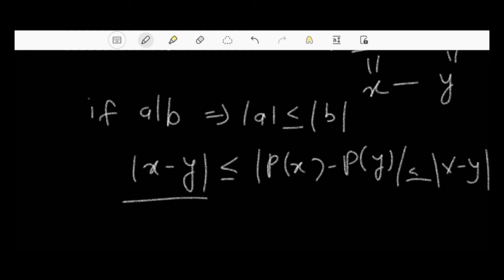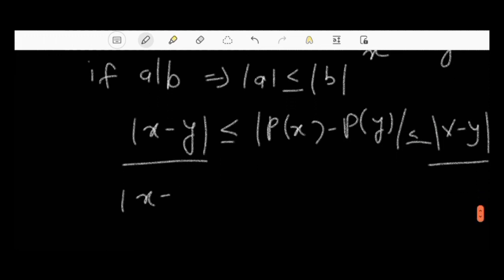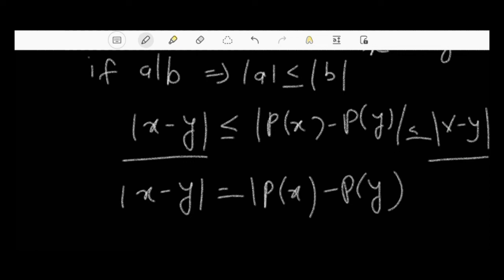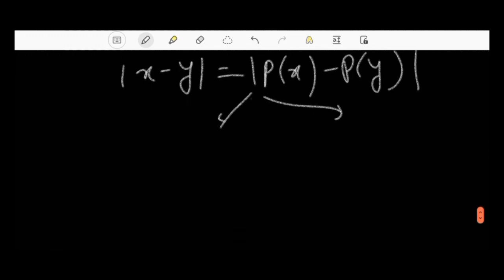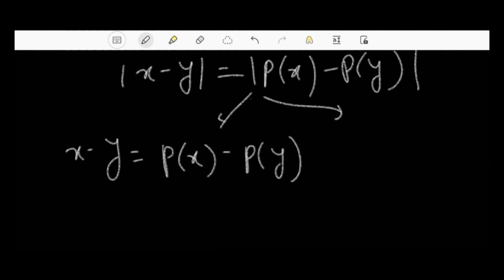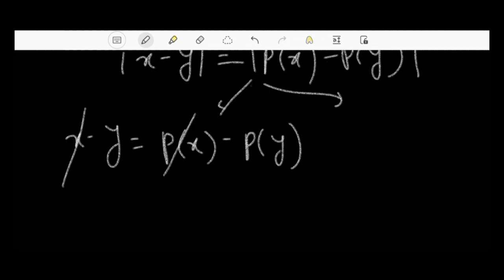So since the ends are the same, we can simply say that mod of x minus y equals mod of P(x) minus P(y). We can solve this in two ways. The first is x minus y equals P(x) minus P(y), and we know that P(x) equals x, so we can cancel these two and we obtain y equals P(y).